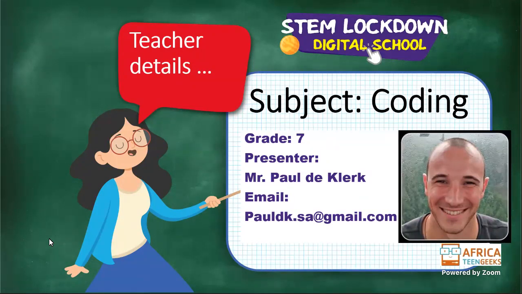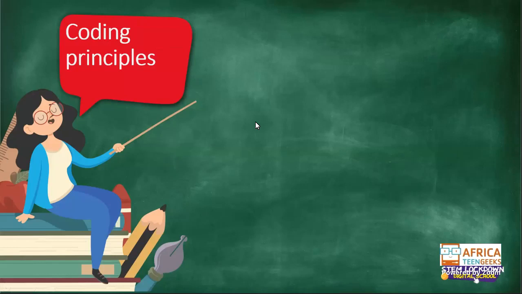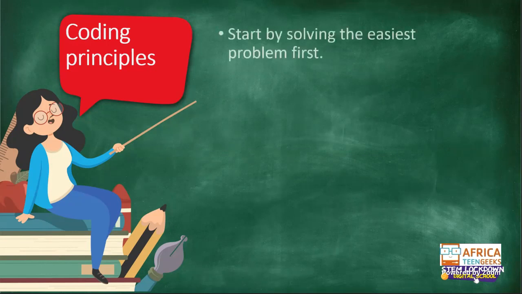So without further ado, I think we can get going. A couple of coding principles. Now this is the last time I'm going to show them to you. From next week we don't need to use the PowerPoint presentation anymore because I think then you have the basic ideas down. So the basics that we had for this week was we always start by solving the easiest problem first. And I saw it this morning when I did my class with the grade 4s as well.